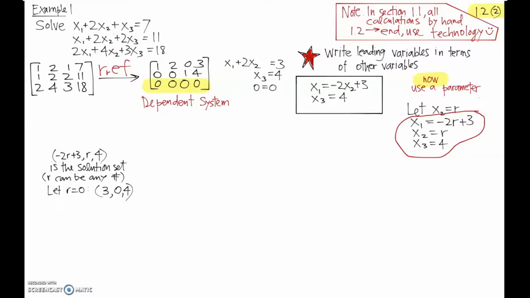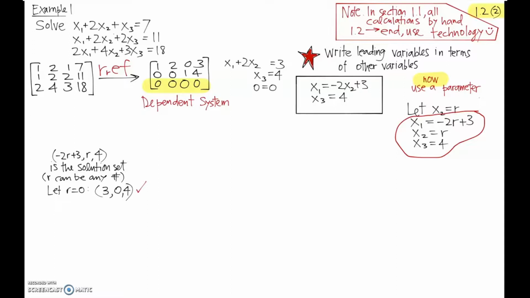So 3 plus 0 plus 4 is 7. Yes. 3, plus 0, plus 2 times 4, so that's 8. Is 3 plus 8, 11? Yes. 2 times 3, which is 6, plus 0, plus 3 times 4 is 12, equals 18. Yes. So this is a valid solution to the system. So this solution totally checks out. It's a real solution.